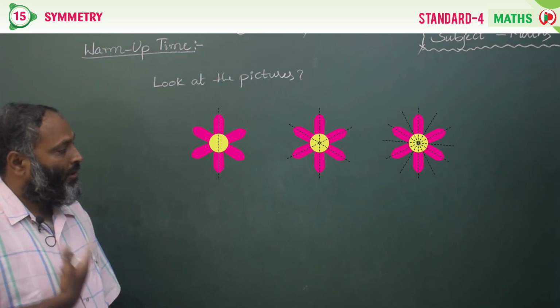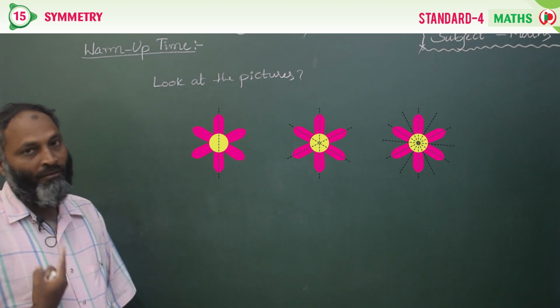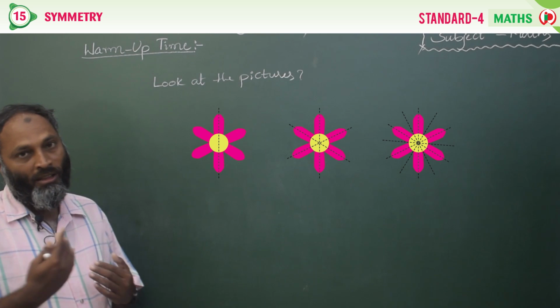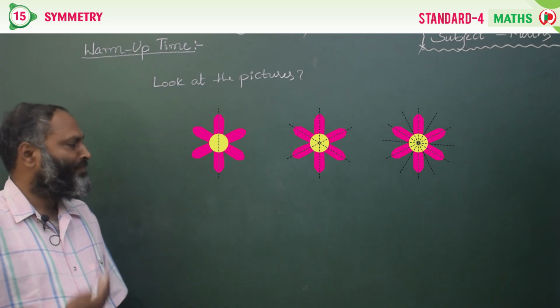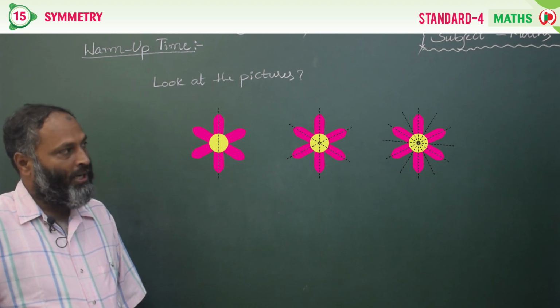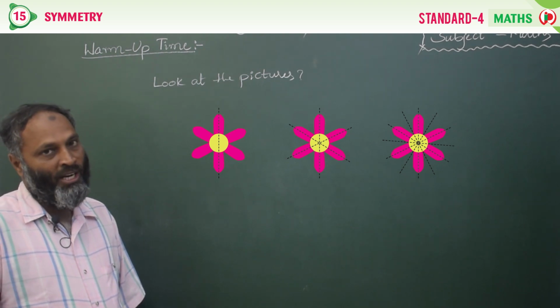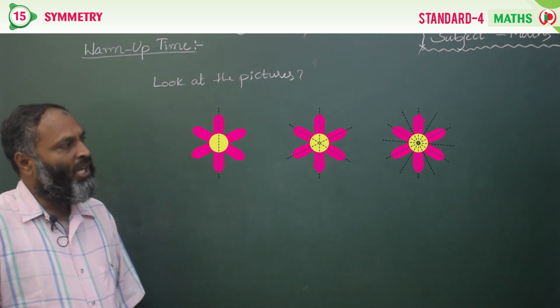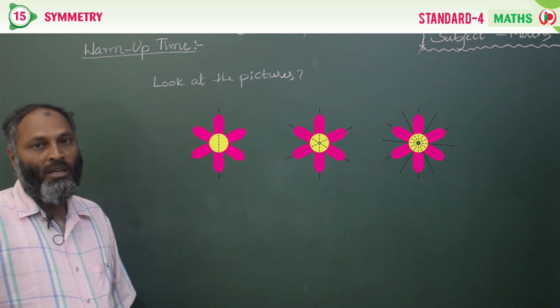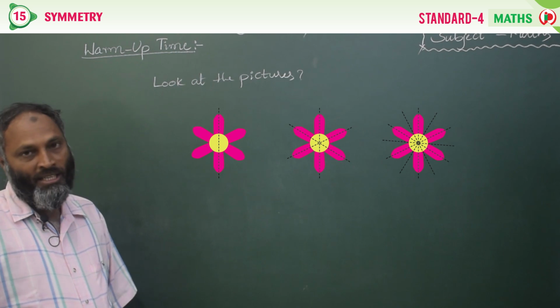Okay. In the first picture, only one line of symmetry is given, because the author wants to explain what a line of symmetry is and how it divides a shape into two identical shapes. In the second picture, three lines of symmetry are given, dividing the flower into identical shapes.